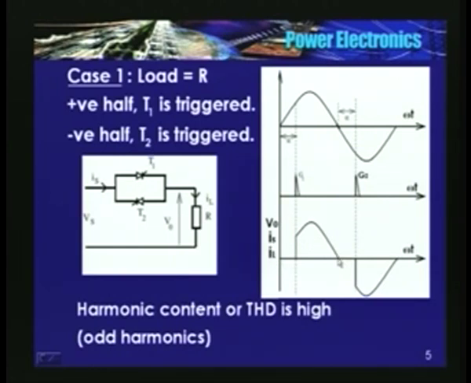I am assuming the device is ideal. So from omega t equal to pi until pi plus alpha, there is no current flowing in the circuit. Load is purely resistive, that is the reason. And again at pi plus alpha, T2 is triggered. A negative voltage is applied to the load.